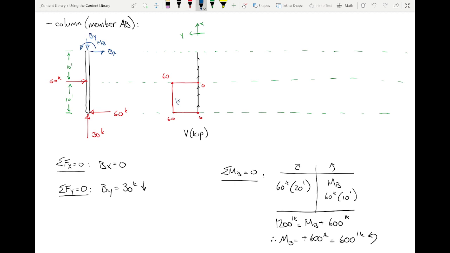We'll say it's positive 600. So foot kips.